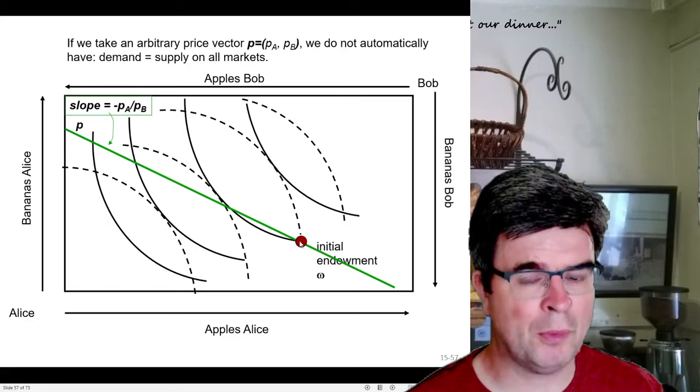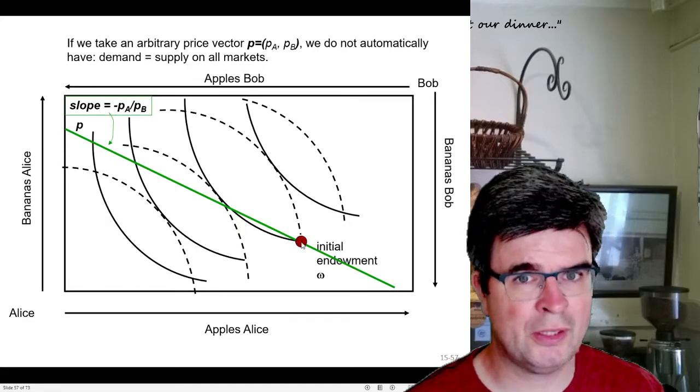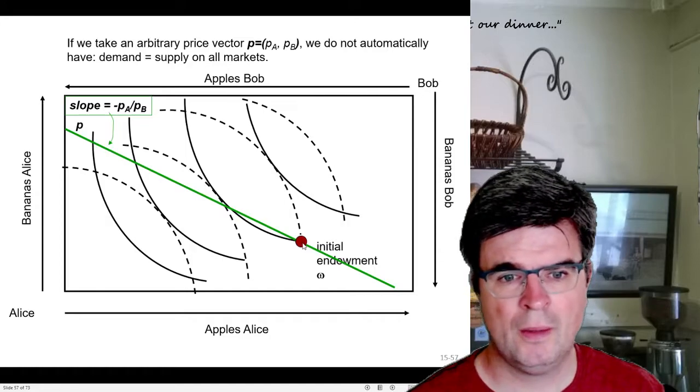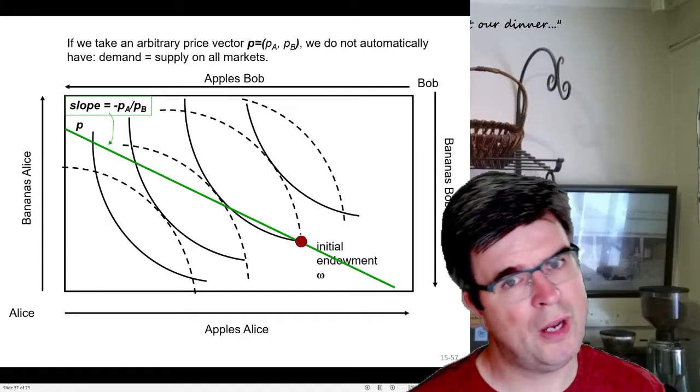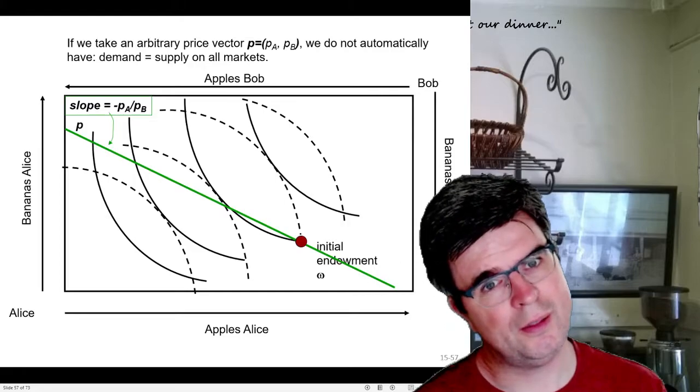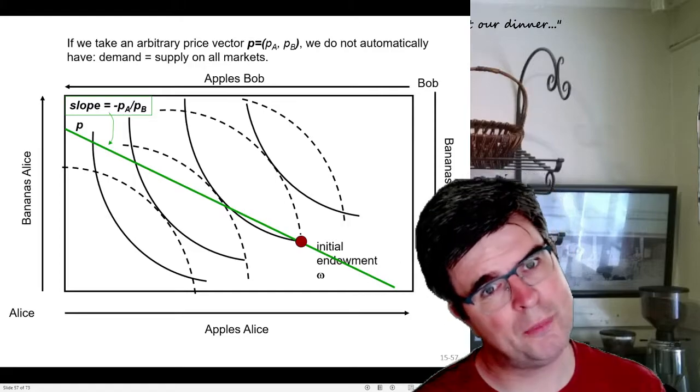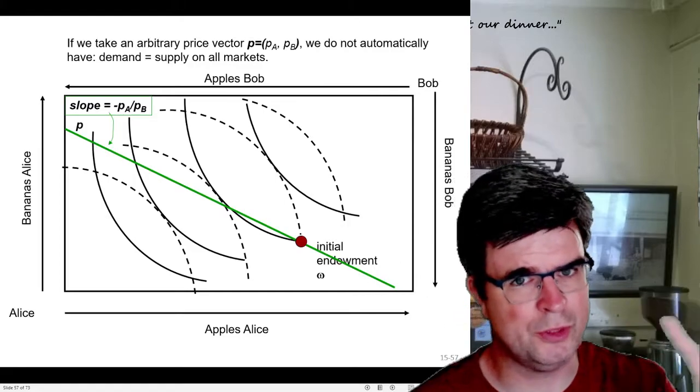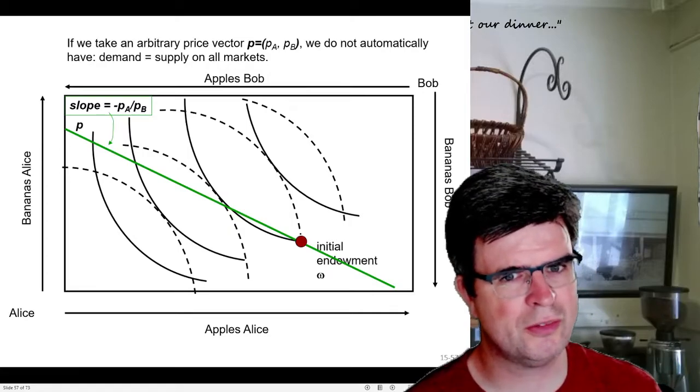And that point may well be different from her initial endowment. Now for Bob, you have to really rotate your head by 180 degrees, or you can do this thought experiment if that's easier for you.